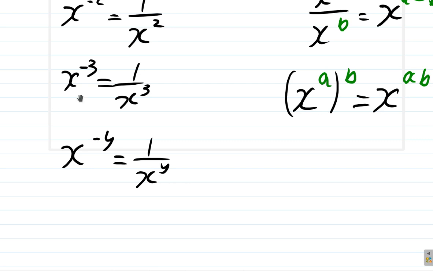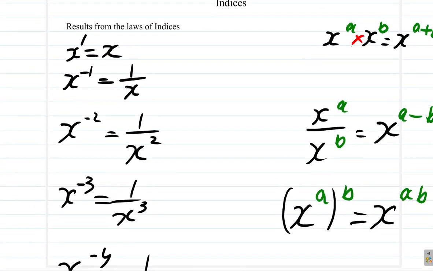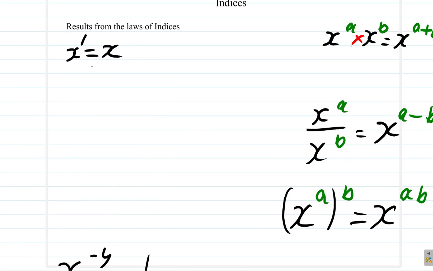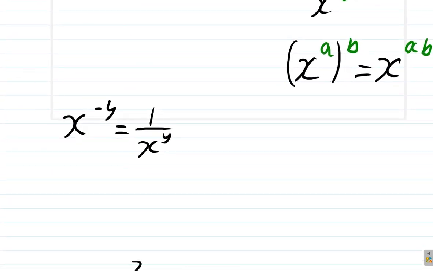Right? So let's write that. X to the negative y is equal to 1 over x to the positive y. Alright? There you have that.